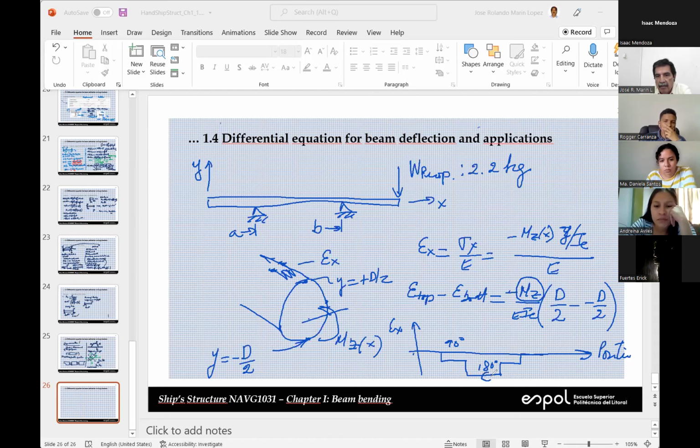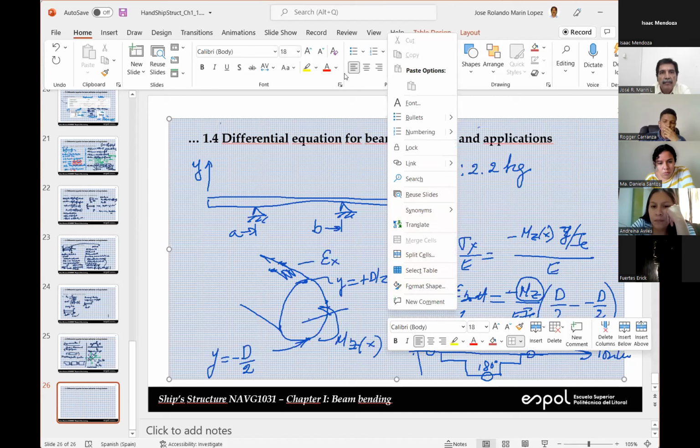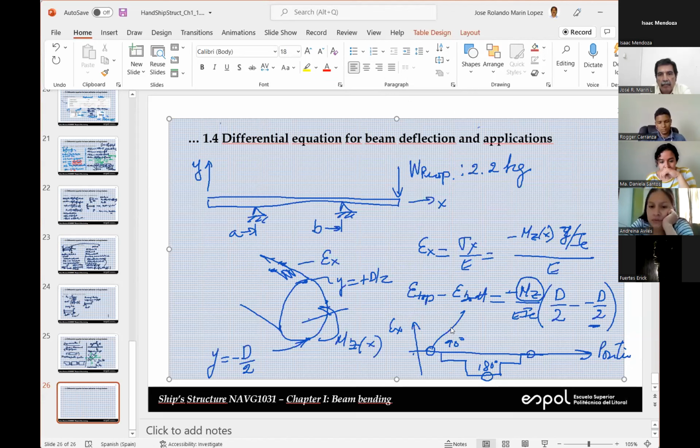So this value is this one here. And this value and that one should be equal, corresponding to this one. I'm sorry, it's on the top. So this value is this one.